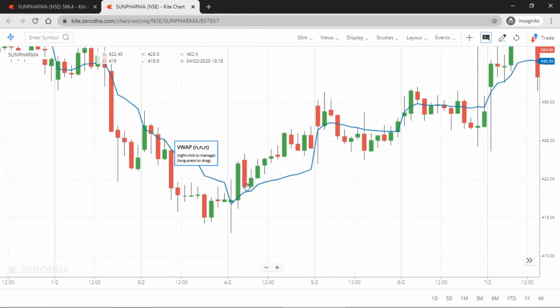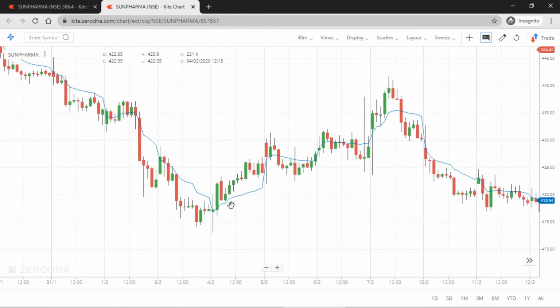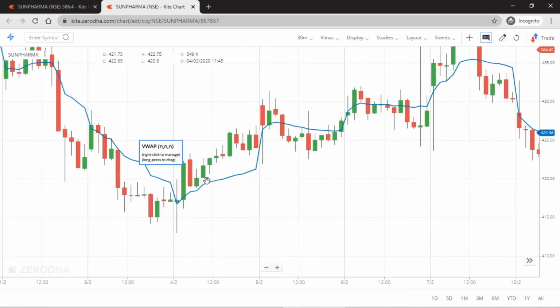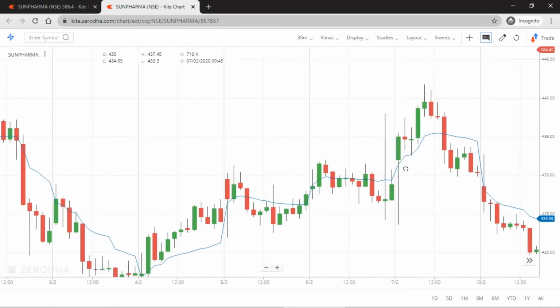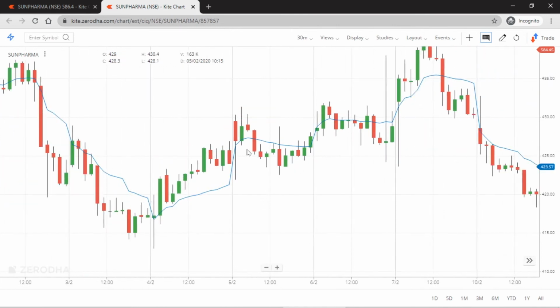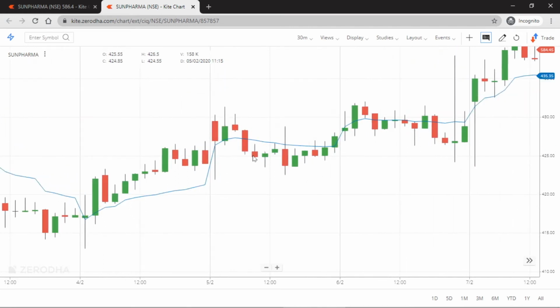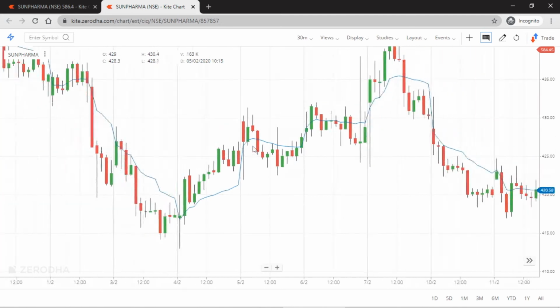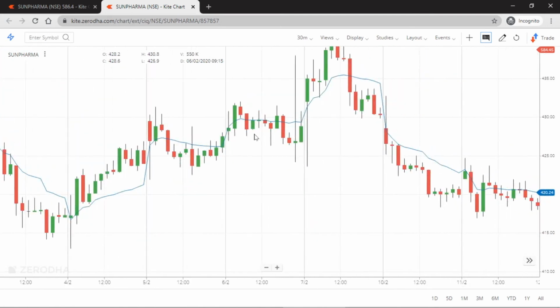It has started closing above the VWAP line and it has given an uptrend from here to here at least. So you can see on some days it is just going flat, no direction. Like on this day, the VWAP line is also almost horizontal and it is not having any trend.